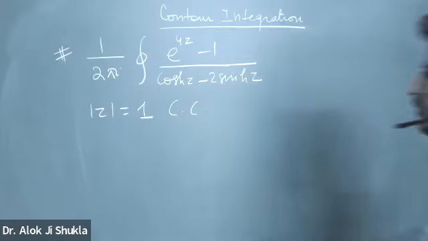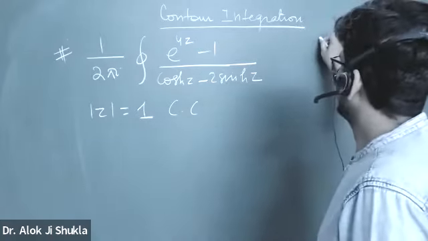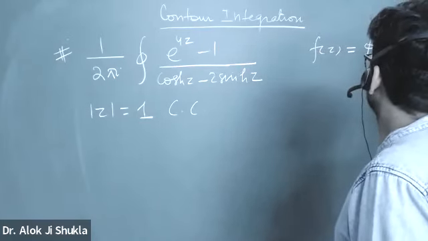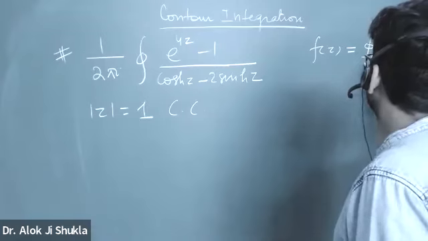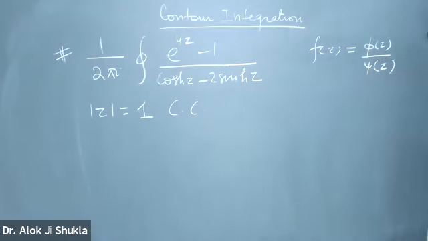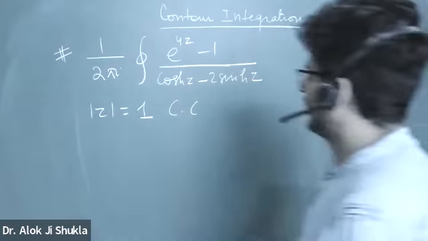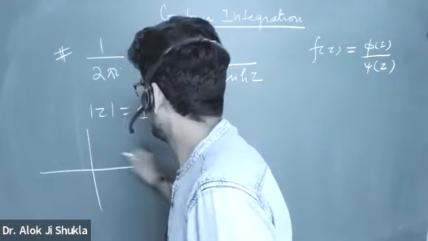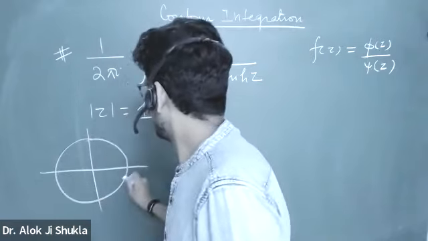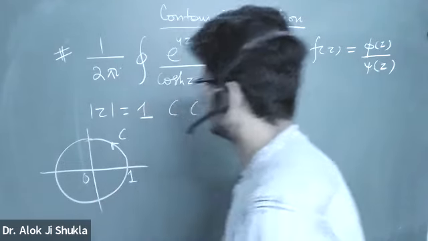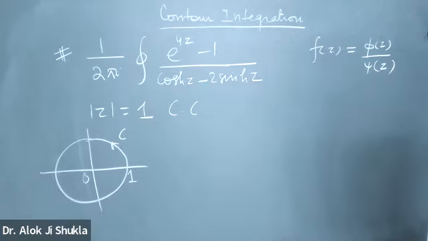So the only thing that will work here is f(z) is equal to phi z by psi z. Only this concept will work here. But for that, we first have to see what the poles are and where they lie. Our contour is very simple. It is just a unit circle like this.